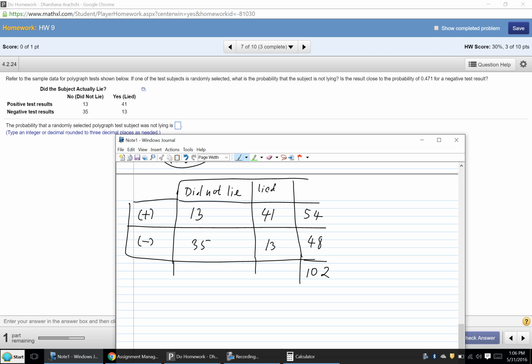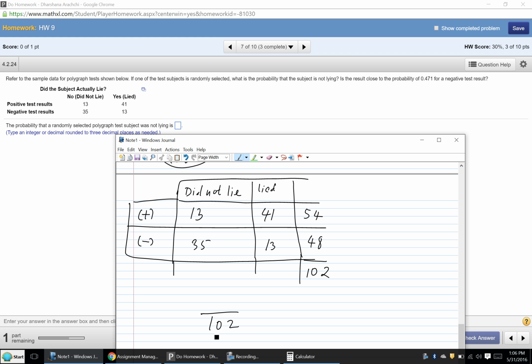Now, the probability that the randomly selected polygraph test subject was not lying: there are 102 subjects, so any of those 102 is a possibility. So the sample space contains 102 outcomes.